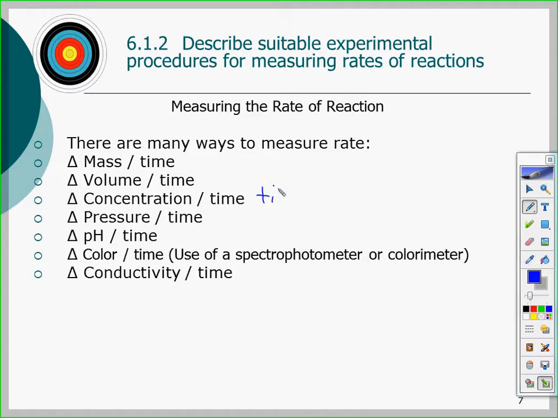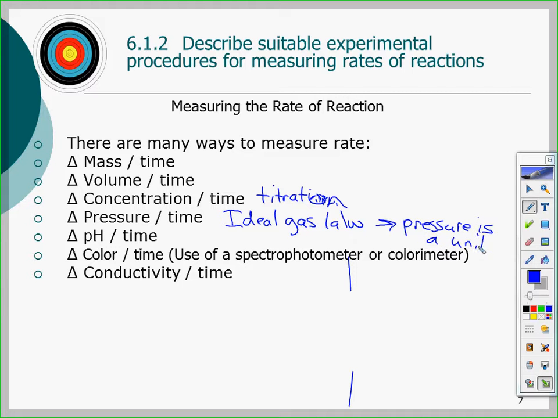That was a good poll. All right, so you can do that with a titration, and then of course that happens, right? There you go. All right, change in pressure over time. We can use a change in pressure because of the ideal gas law. All right, and we can say that because of the ideal gas law, pressure is a unit of concentration.